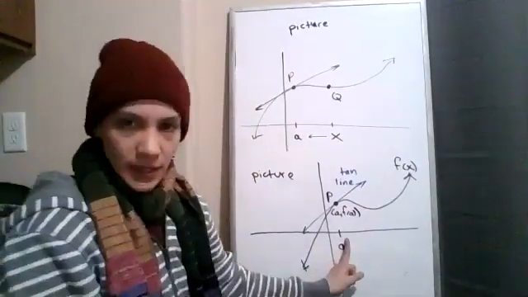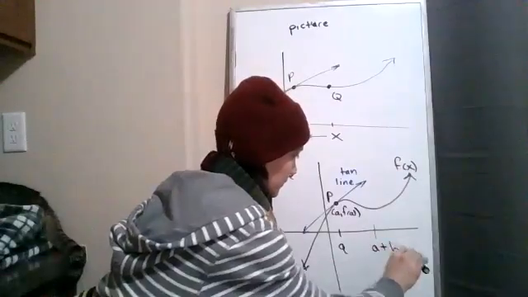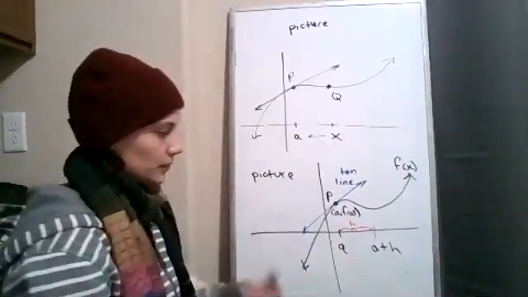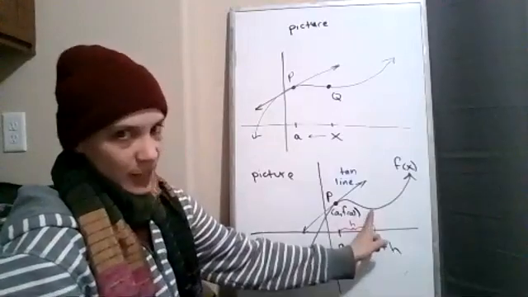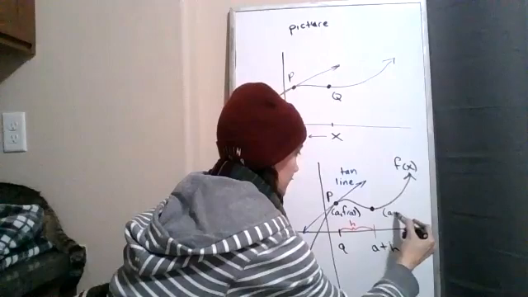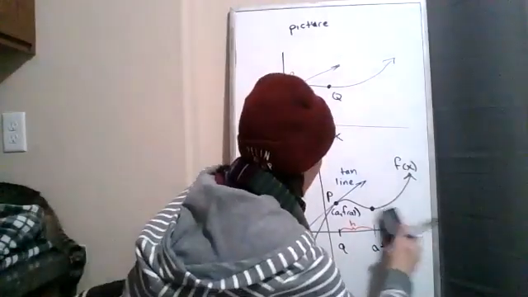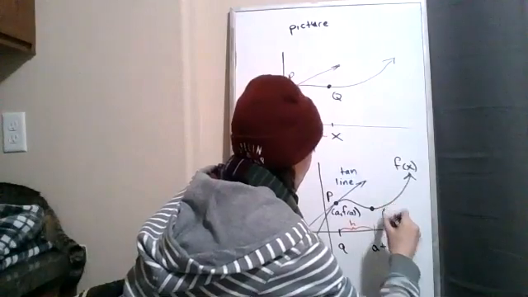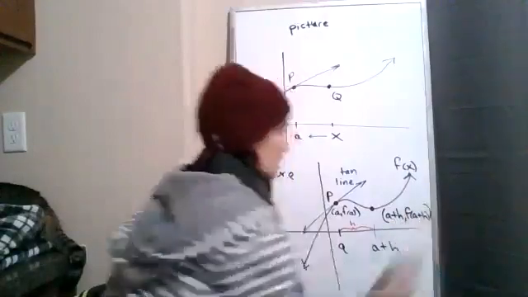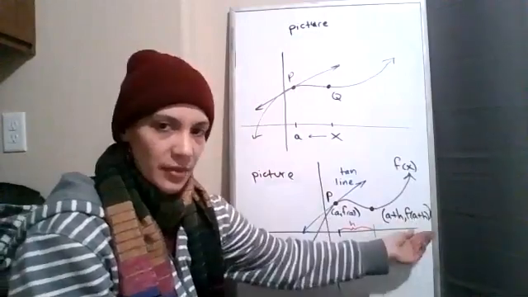And then what we do is we put some positive h, a plus h, over here. So that would be the point (a plus h, f of a plus h). Your input is a plus h, and then put it through the function f. So it's the ordered pair (a plus h, f of a plus h).